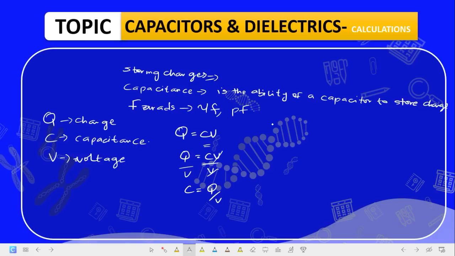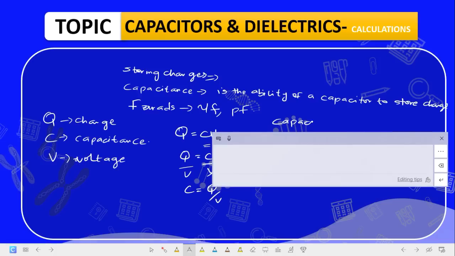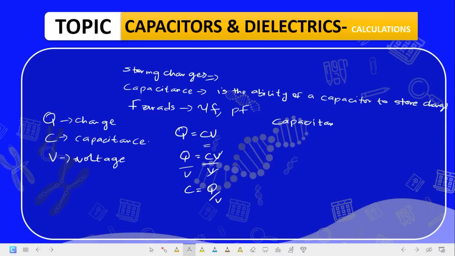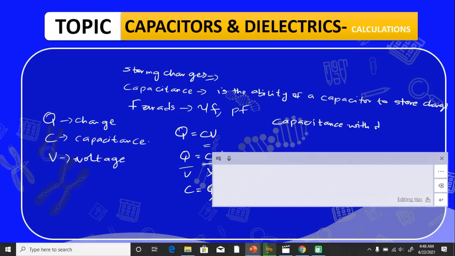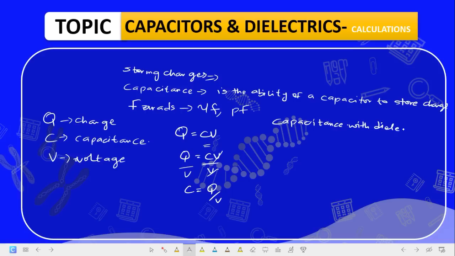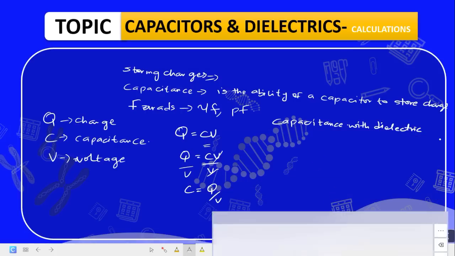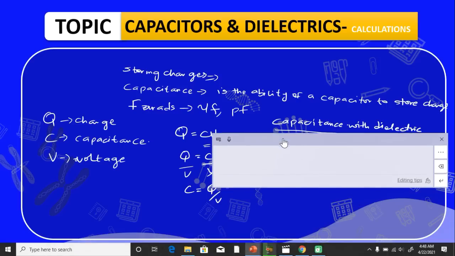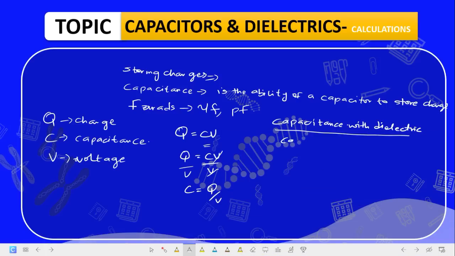The relationship between the capacitance of the dielectric and the capacitance of air is: the capacitance with dielectric, all over the capacitance with air, is equal to K. So if they gave you the capacitance with air and ask you to find that of the dielectric, you use this particular formula.